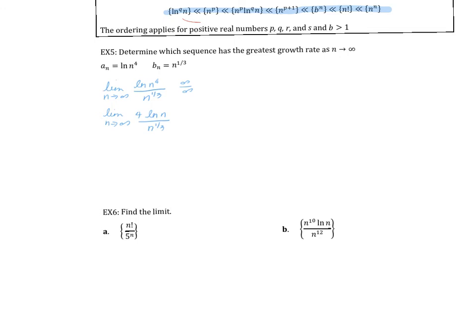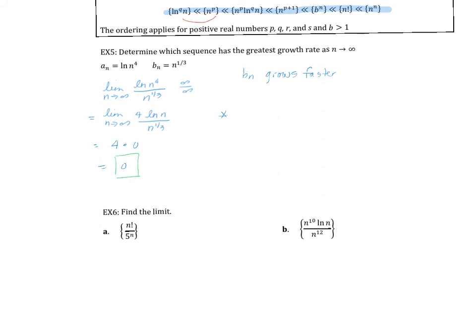I'm looking at these first two entries. Since the natural log grows slower, this is going to be equal to the 4 stays times 0. So you can use this growth theorem to evaluate limits, and then my conclusion would be that b sub n grows faster, by the growth rates theorem.